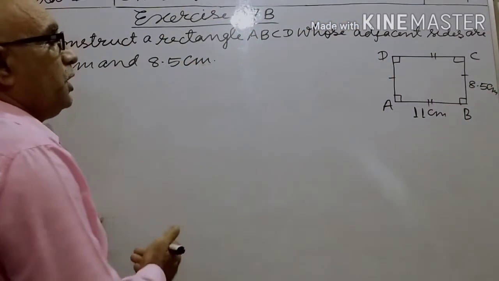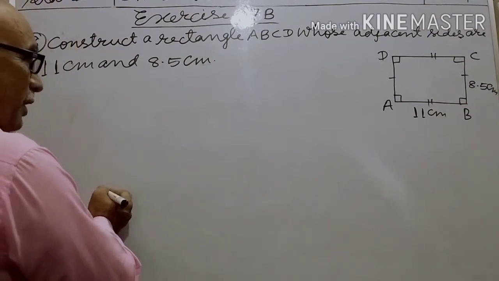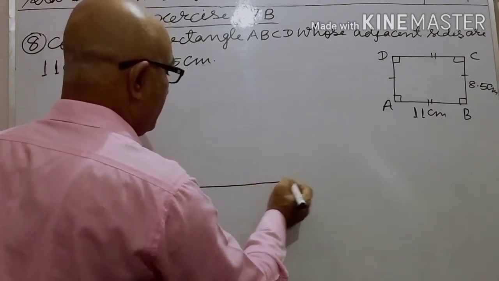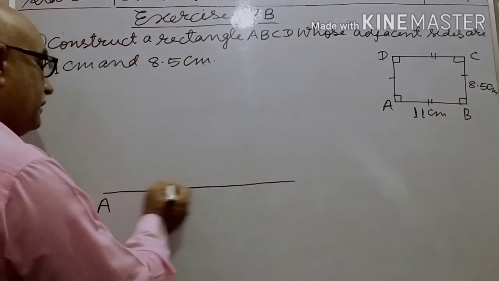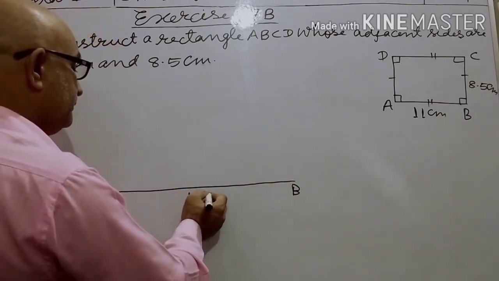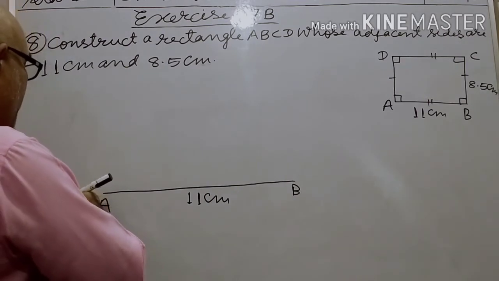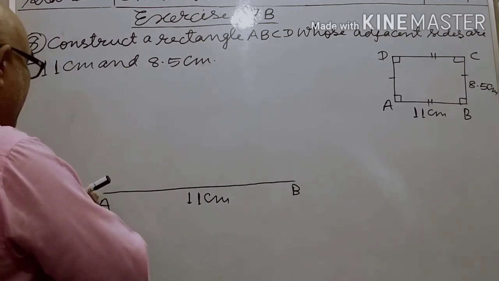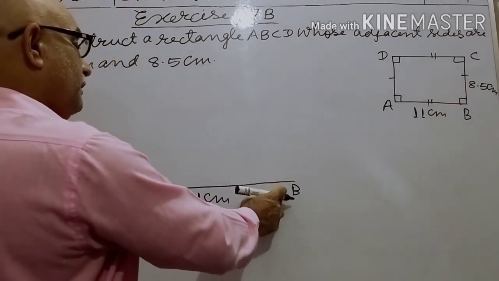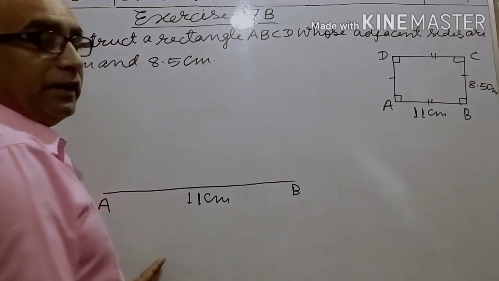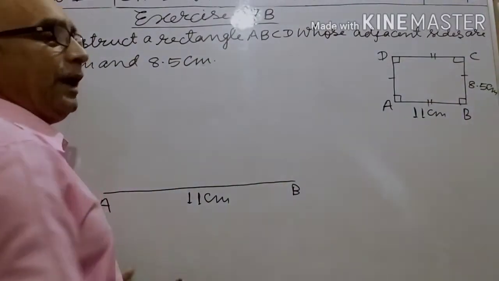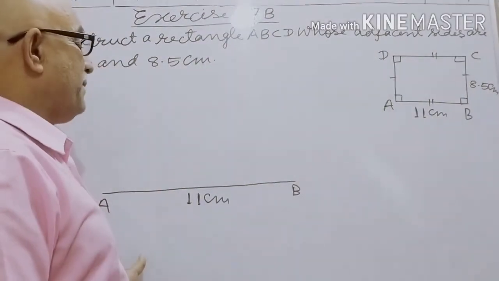Construct it. First of all, draw a line segment AB, 11 cm. At point A and at point B, construct a right angle, 90 degree. Construct an angle of 90 degree with the help of protractor and pair of compass also.